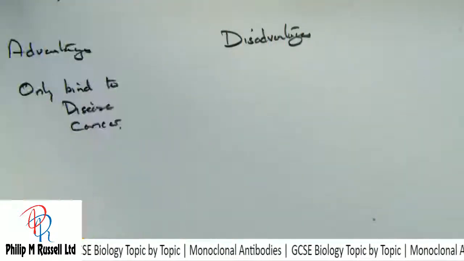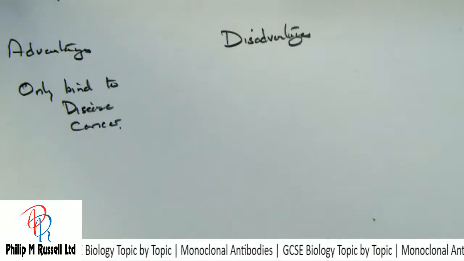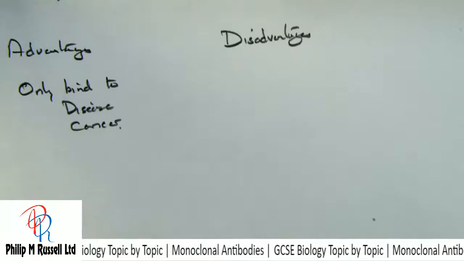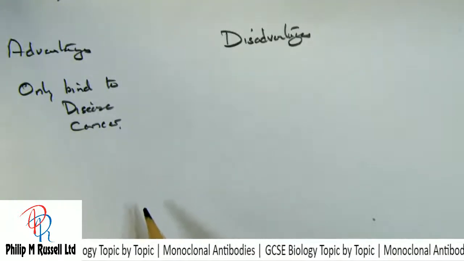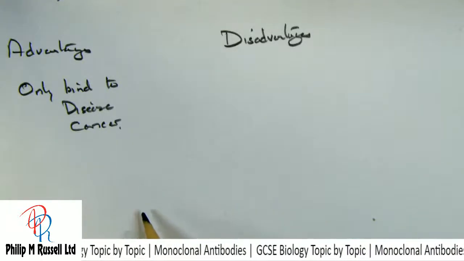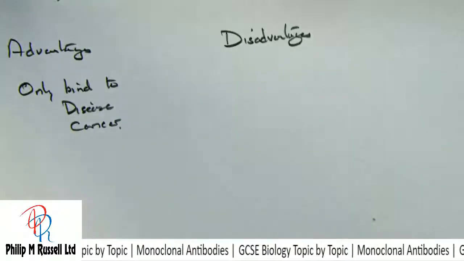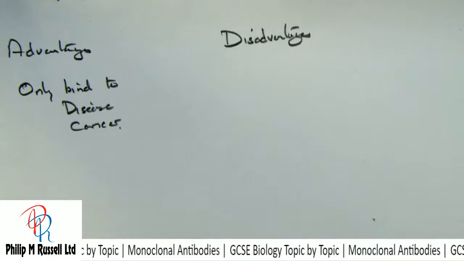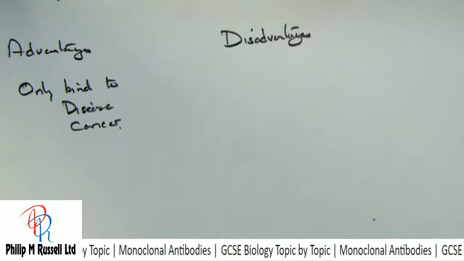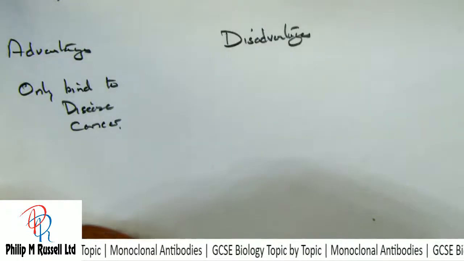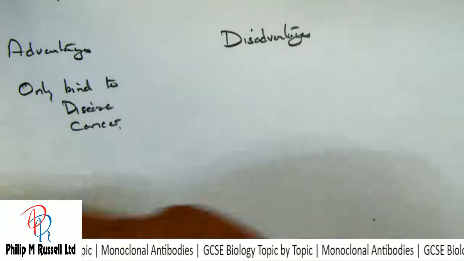So that's not quite so good. We want something that is more specific, that targets just one thing, so we're only targeting these cancer cells. So we've got chemotherapy, radiotherapy. These will target a much wider area, so that's going to affect all sorts of other things.